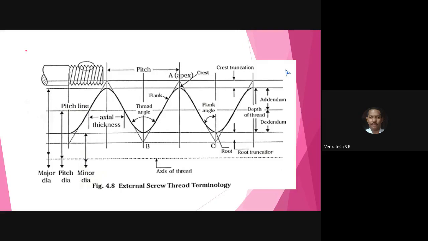If you touch the external diameter of the screw thread, you feel you are touching the sharp edge made by the two surfaces, looking like a triangle. That is called the crest. And all of you observe here, this is the screw thread terminology. Remember, you are all mechanical engineers.